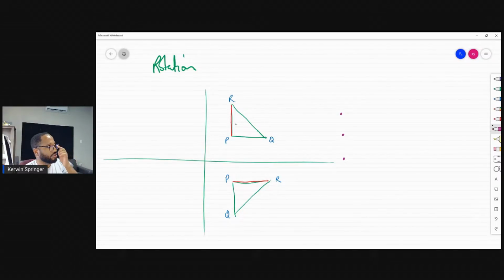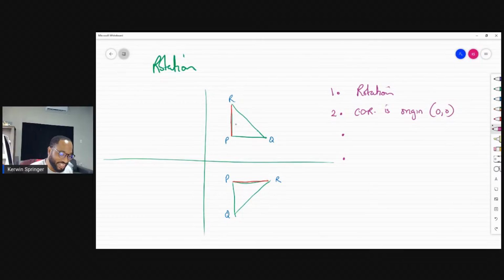1, 2, 3. Well, I think it's 4 actually. So you need to say that it is a rotation. That's 1. You state the center of rotation. Center of rotation is the origin, which is 0, 0. 99.9% of the time it is the origin.